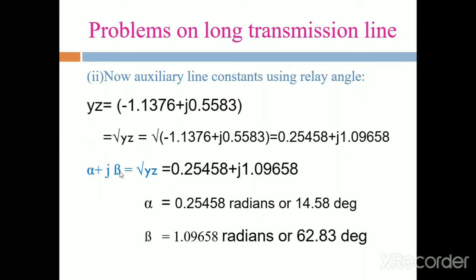What is the assumption? Root yz is equal to alpha plus j beta. We already assumed this in the real angle derivation.